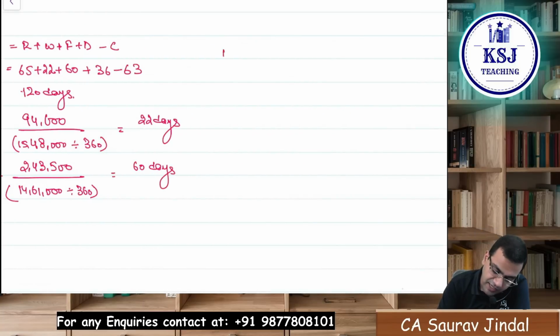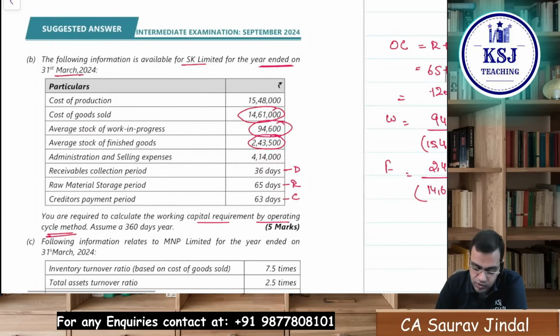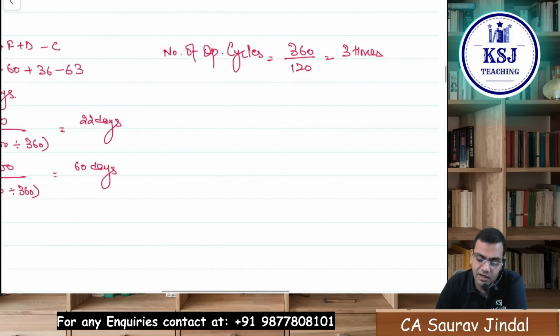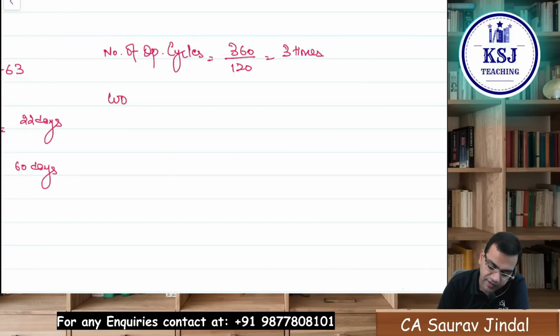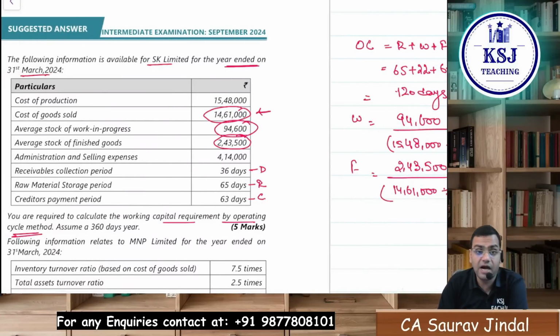Now, next we will calculate the number of operating cycles. Number of operating cycles, sir, that will be 360 divided by 120. That is 3 cycles, 3 times. What is the requirement of the question? The requirement is to calculate the working capital requirement. So working capital is for the amount that is invested. The amount we will take as cost of goods sold, right, sir, after the adjustment of opening and closing, because opening we have taken in the last period, sir, right?